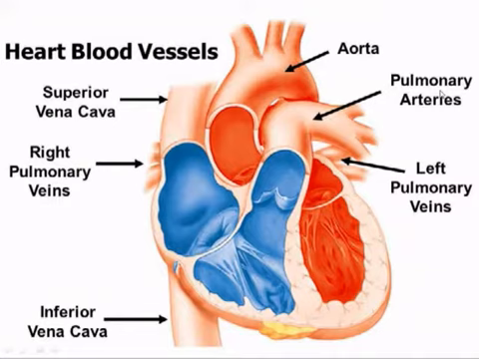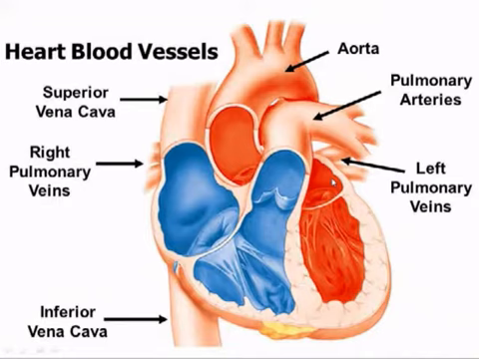When oxygenation takes place, the oxygenated blood returns to your heart through the pulmonary veins, which are on the left side and on the right side. So on both sides you have the pulmonary veins, which are connected to your left atrium, and they bring oxygenated blood from the lungs.